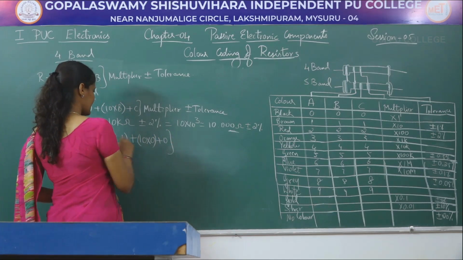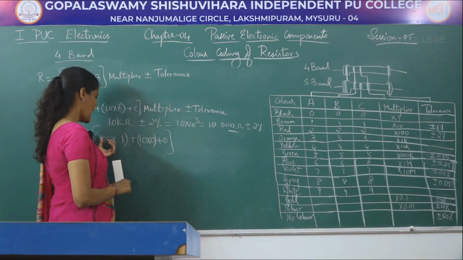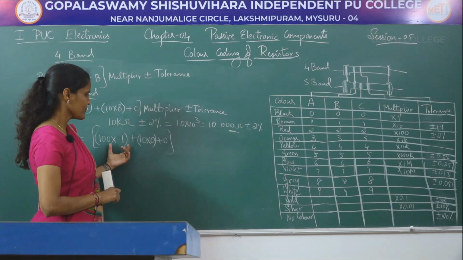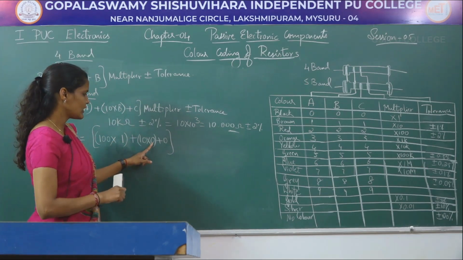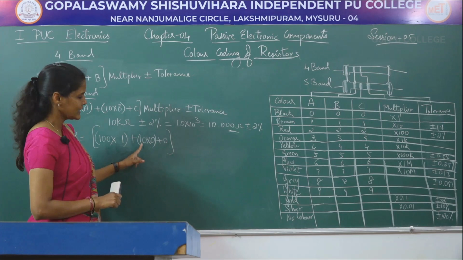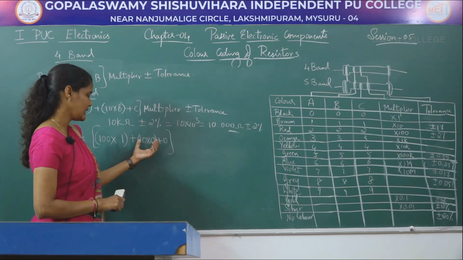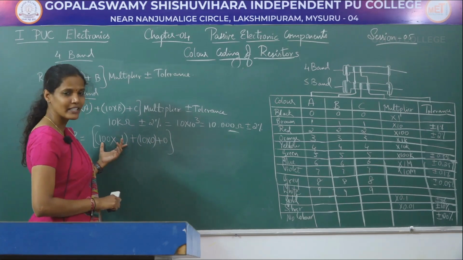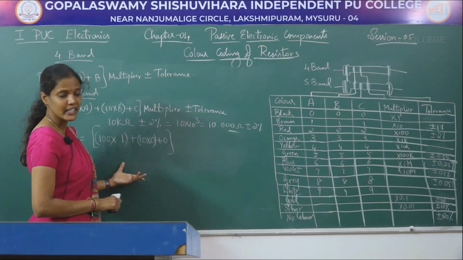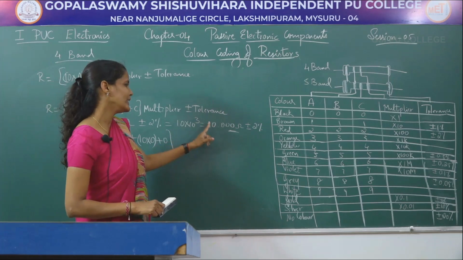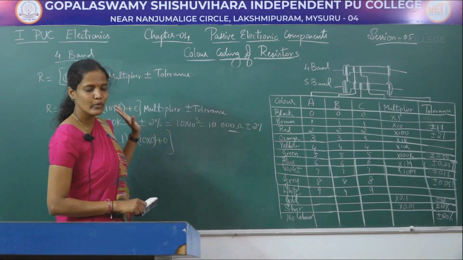Why am I taking it as 0, 10 into 0? Because 100 into 1 is equal to 100. If I take 1 over here, 10 into 1 is equal to 10. That 10 must be added to 100, then I will get 110. But here I have only 10,000, 1 followed by 4 zeros.